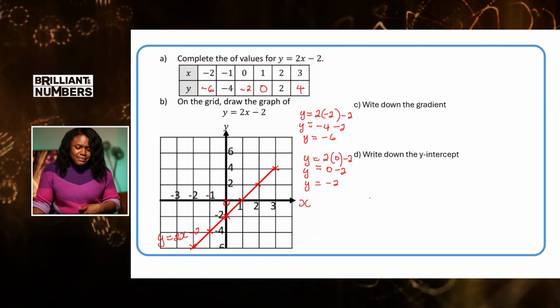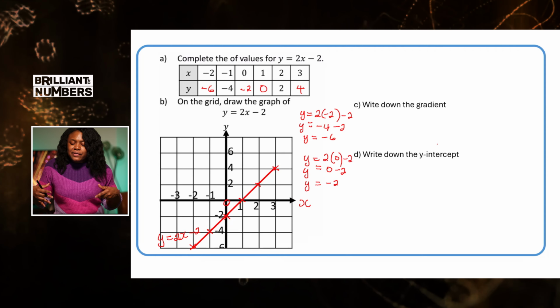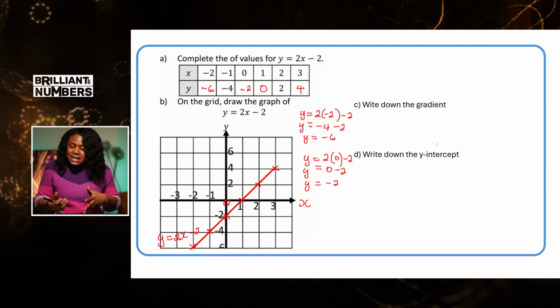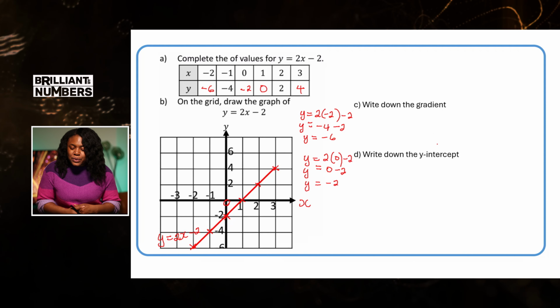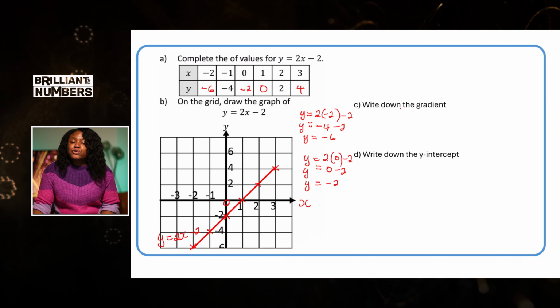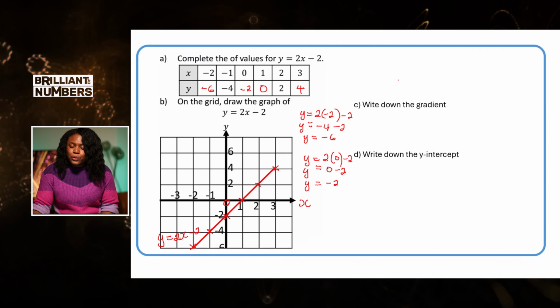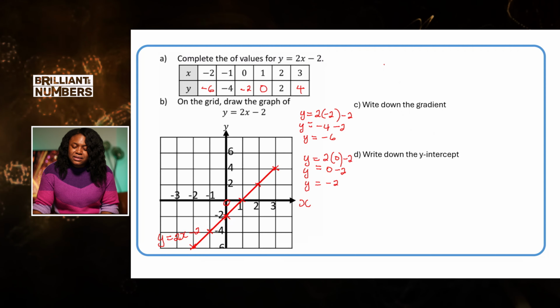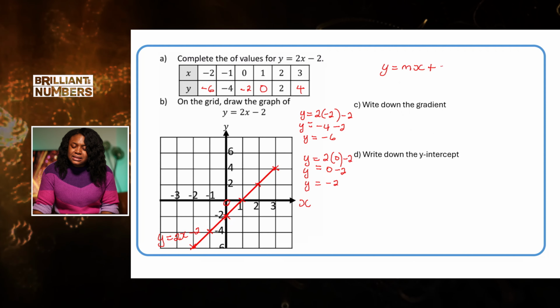Now I've just put in some extension questions, parts C and D, just to remind you of how to write down your gradient and your y-intercept from the equation of a straight line. Part C asks us to write down the gradient. I know that the equation of a straight line is always in the form y equals mx plus c.